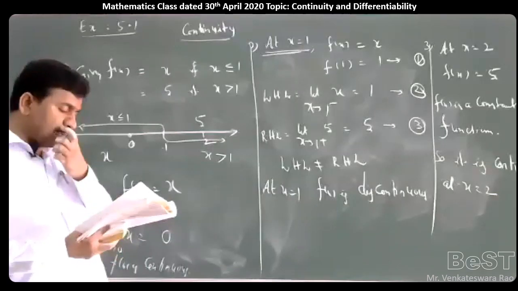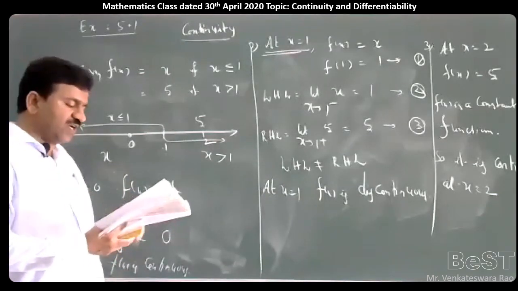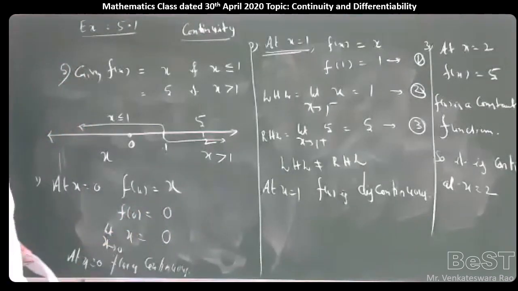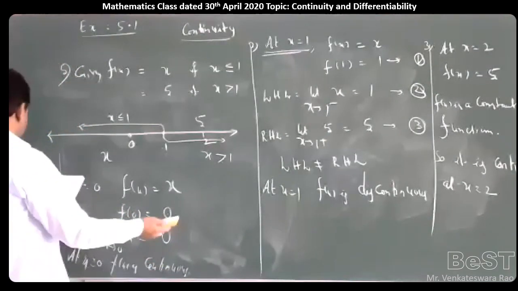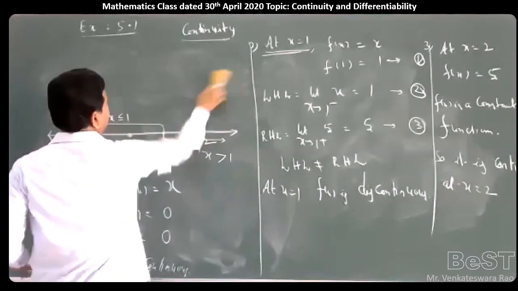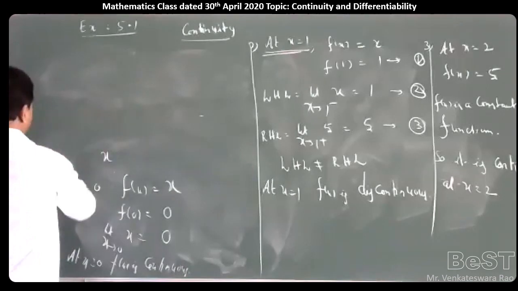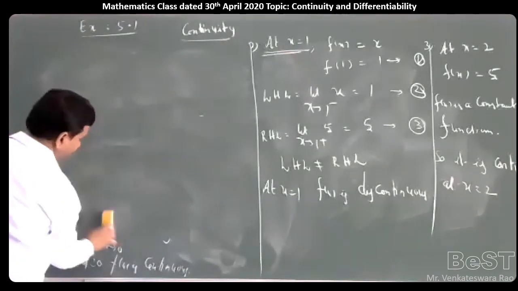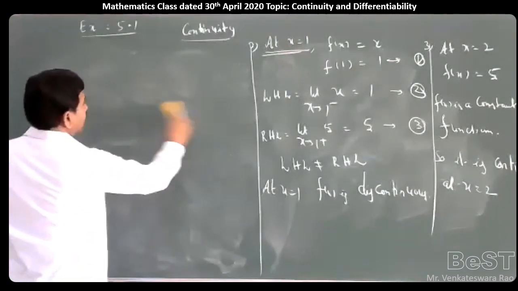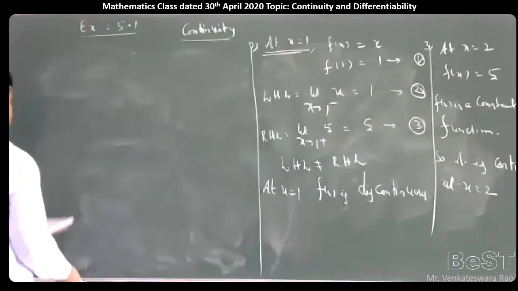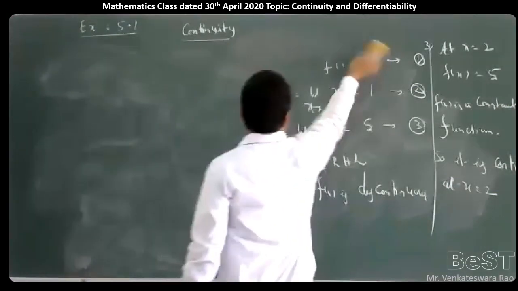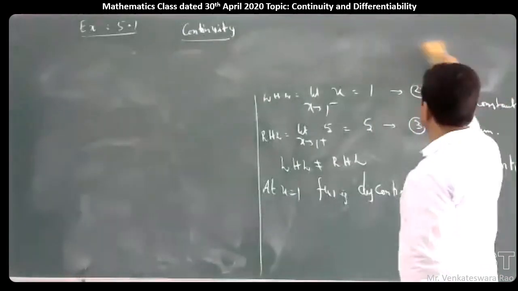Now see the important problems. Find all the points of discontinuity of f, where f is defined by the following. We have to find the points of discontinuity, so first we will discuss continuity, and then we can find the points of discontinuity.